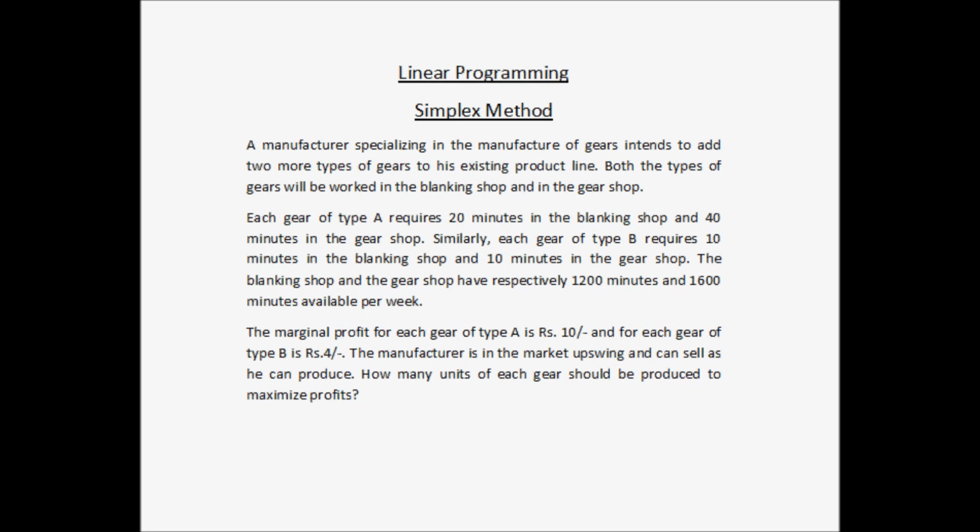In the chapters linear programming problem formulation and linear programming graphical method, we have seen how to convert a word problem into an LP model and how to solve that using graphical method respectively.